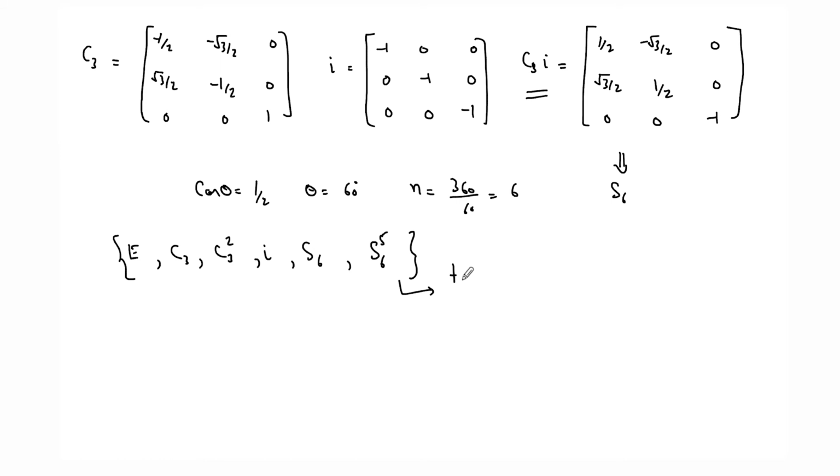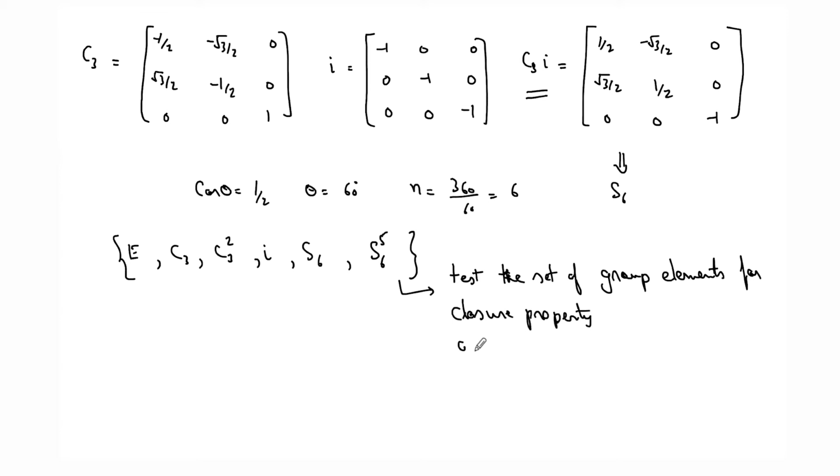But what you have to do is test the set of group elements for closure, first of all, the closure property, and then associativity.